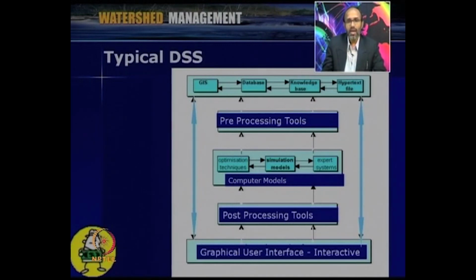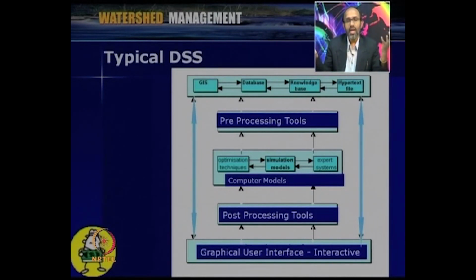So, we need another subsystem called post-processing tools. Here, the post-processing of the simulated results can be represented in graphical forms, in bar charts or in animations or in contours or in tabular form.